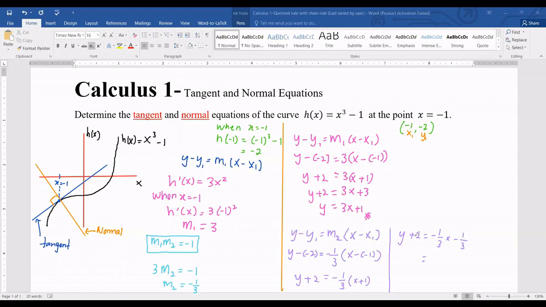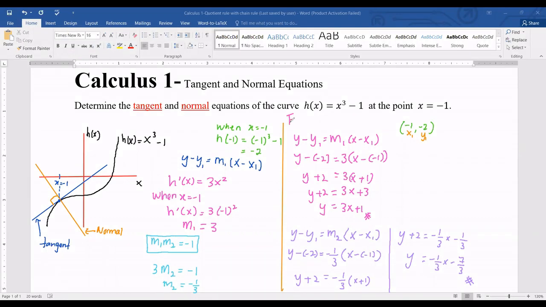And now we bring the 2 to the other side. So y equals minus 1 over 3 x, and minus 1 over 3 minus 2 gives you minus 7 over 3. Alright, now this is your equation of the normal.